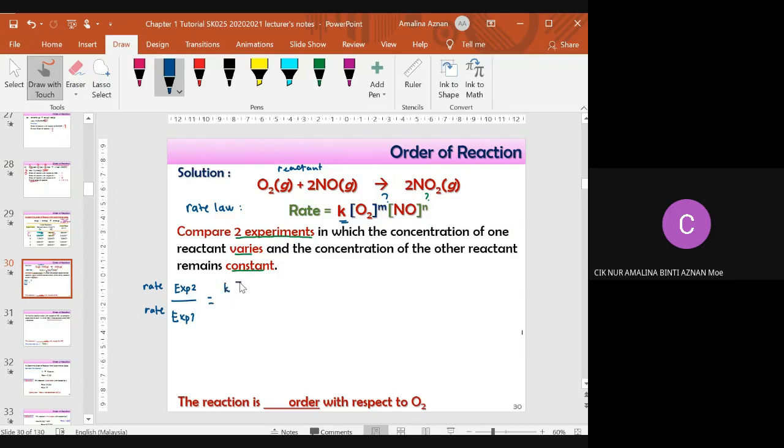K is equal to concentration of O2 to the power of M and NO to the power of N. Okay, tulis dulu, nanti kita substitute. Okay, so now kita substitutekan the value concentration of O2. Kita refer kepada experiment 2 punya data.